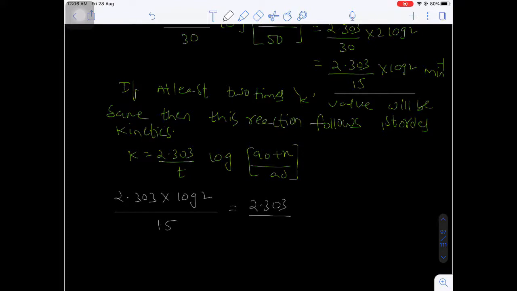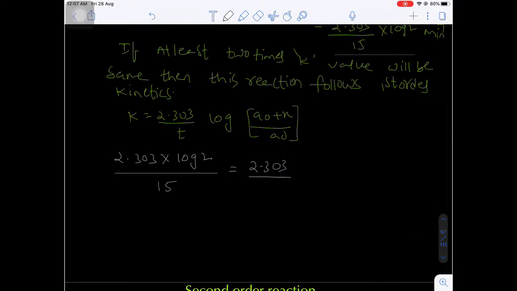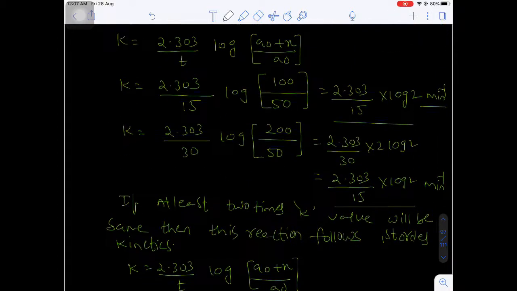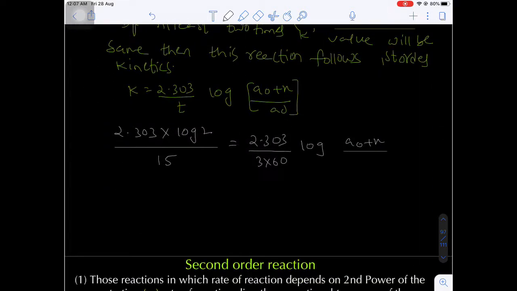Now on the right side, 2.303 by t, where I am replacing t with 3 hours, that means 3 into 60 minutes, logarithm of the final concentration of bacteria, which we don't know, divided by the initial concentration of bacteria, which is given as 50.